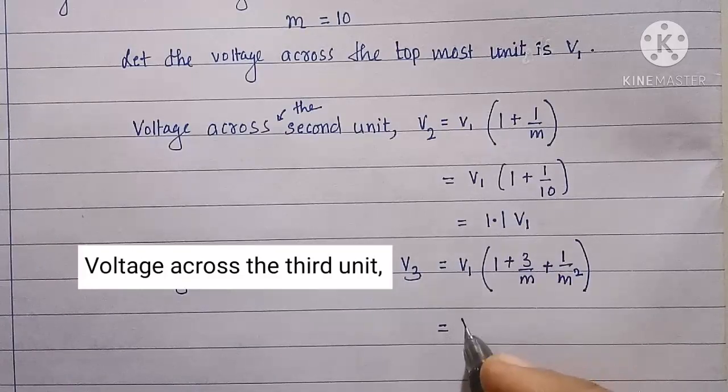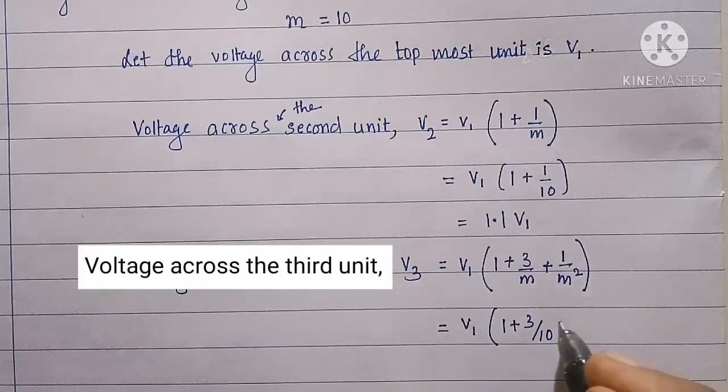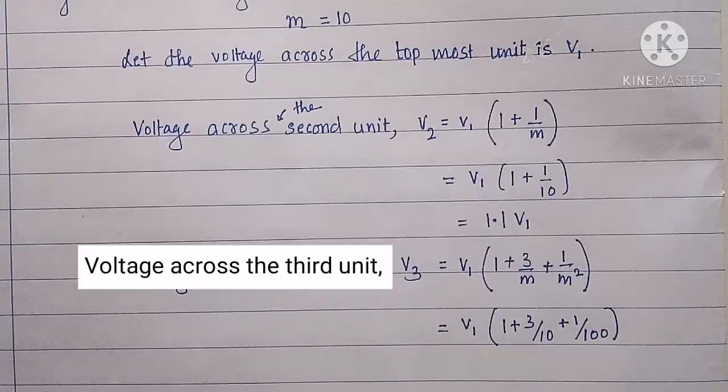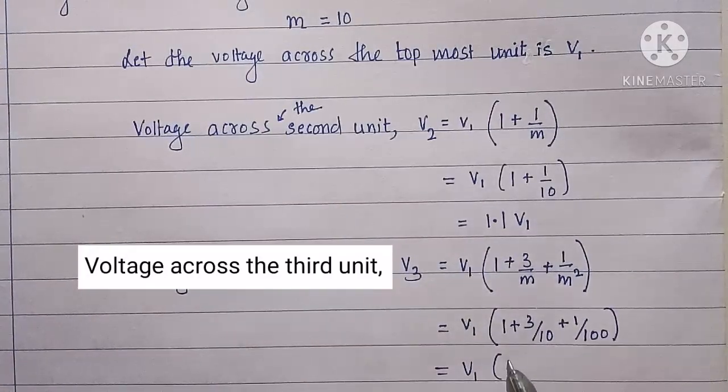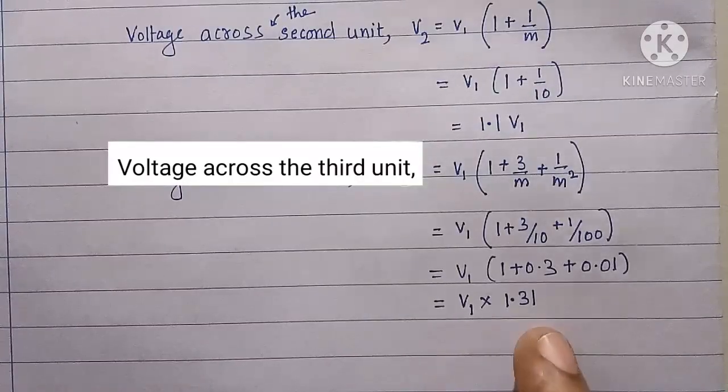That is V1 into the bracket 1 plus 3 by 10 plus 1 by 100. That is equal to V1 into the bracket 1 plus 0.3 plus 0.01. V3 will be equal to V1 into 1.31.